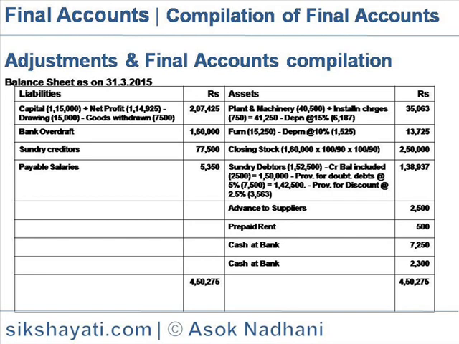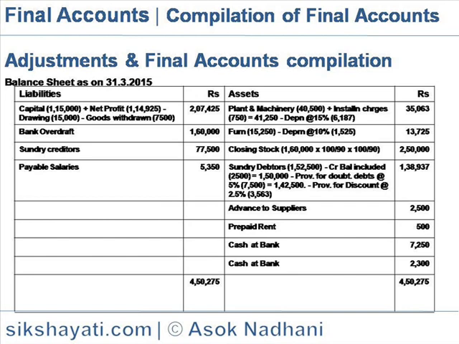Sundry debtors is 1,52,500, minus this includes 2,500, so it is 1,50,000, minus provision for doubtful debt at 5%, that is 7,500, which comes to 1,42,500, to which provision for discount is provided at 2.5%, that is 3,563.